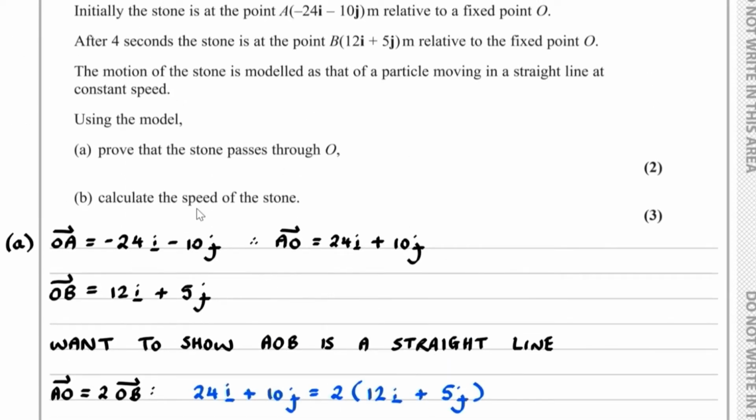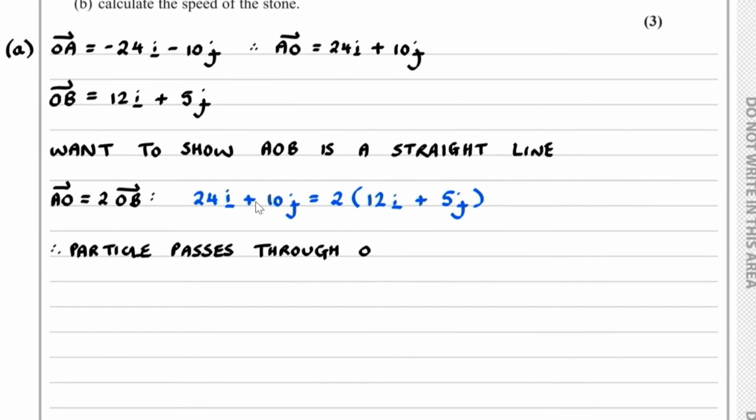And now for part B, we have to calculate the speed of the stone. Well, to do this, we need to find the vector AB, and that will tell us the distance. And then we can find the speed by using speed equals distance divided by time.